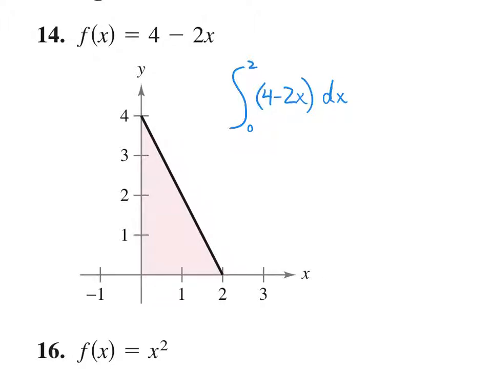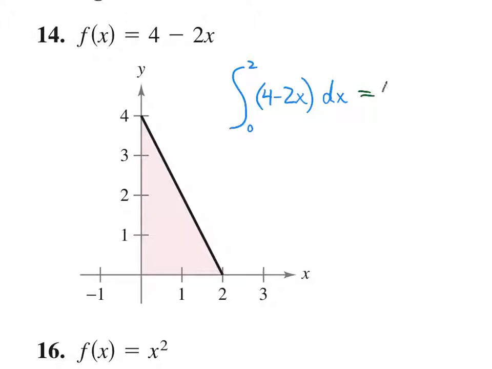Now, here's the thing. You can also use geometry to find the values of this integral. This is a triangle. What's the area of that triangle? One half base times height. So 2 times 4 divided by 2 is 4. So guess what this definite integral equals? It equals 4.